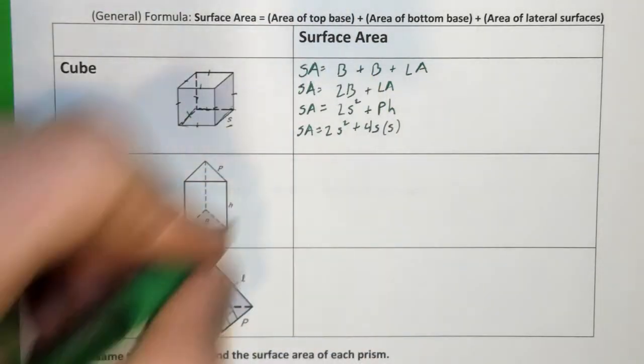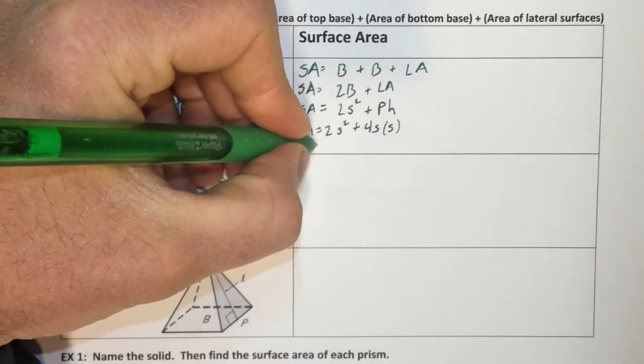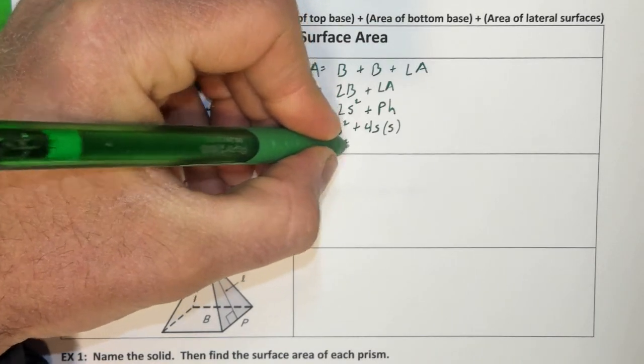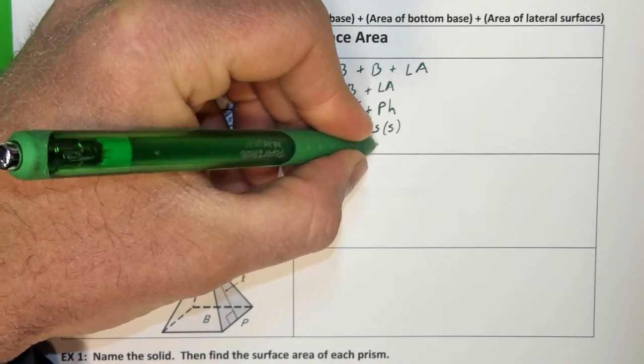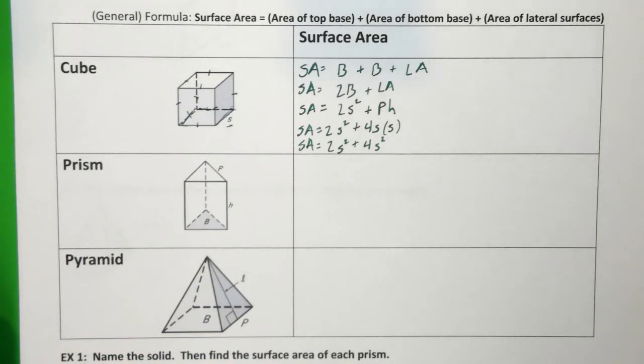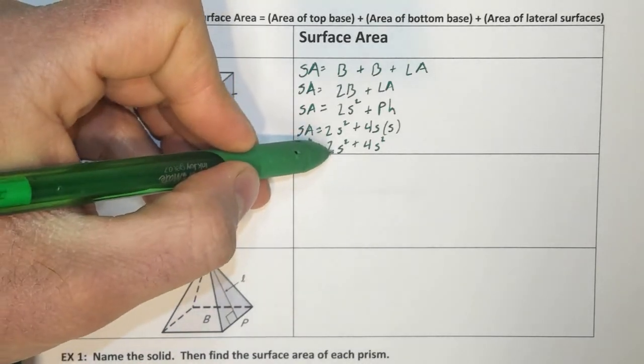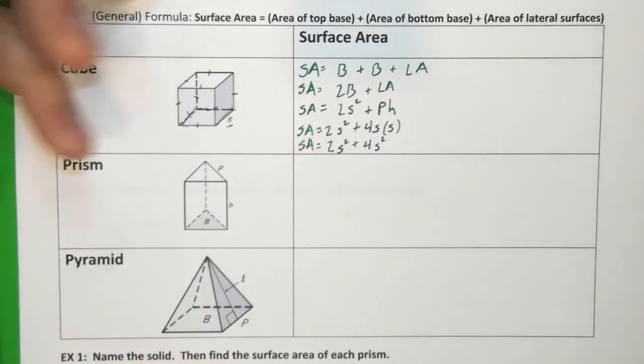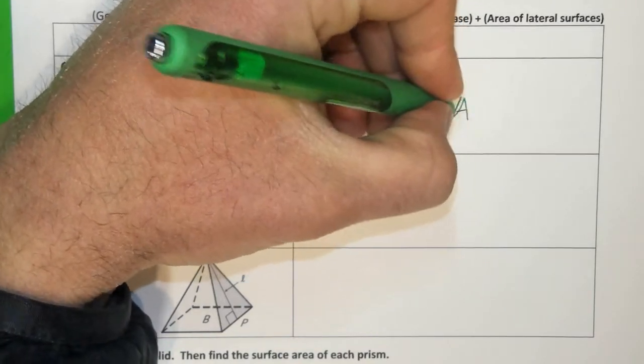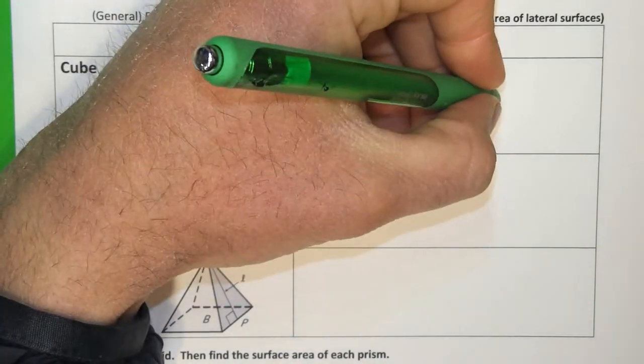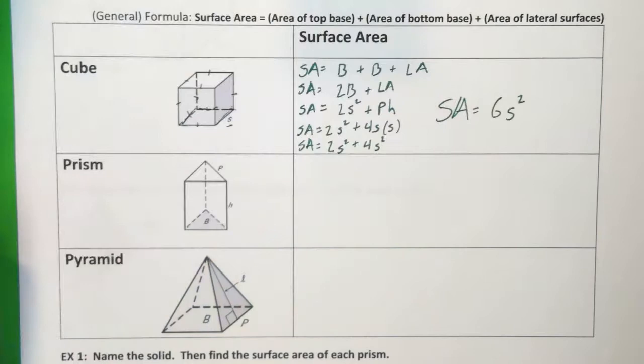Now S squared right here is going to be, looking great. And then finally, now we have 2S squared and we have 4 more S squared, and we are up to our final surface area formula for a cube, which is 6S squared.